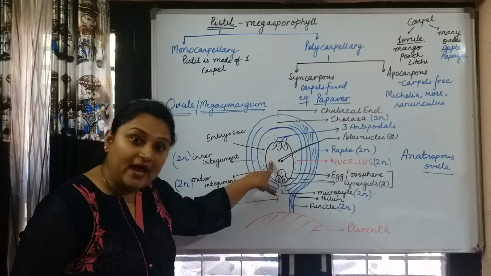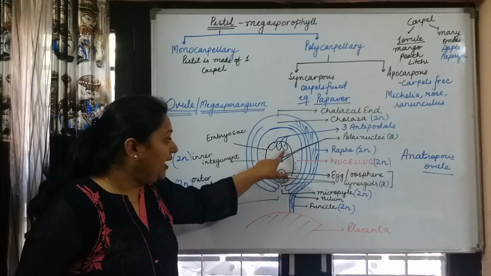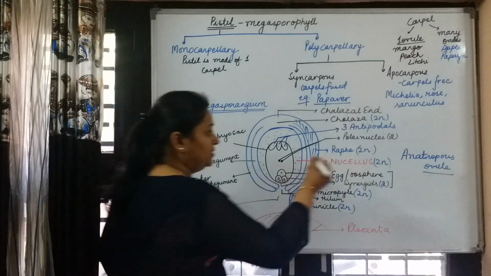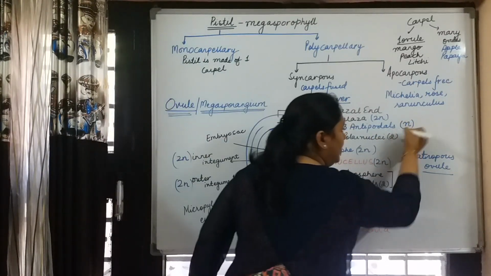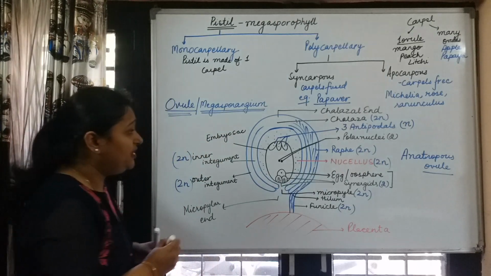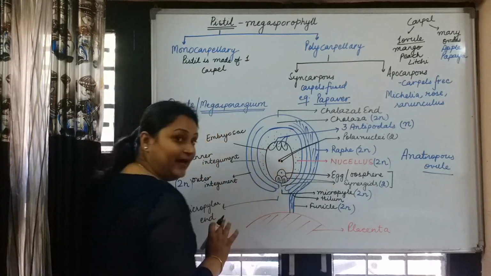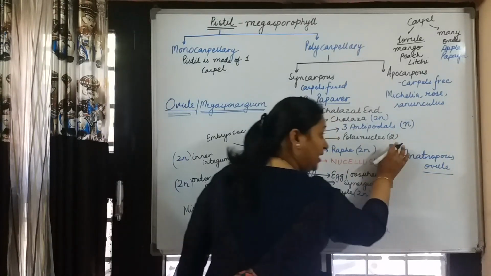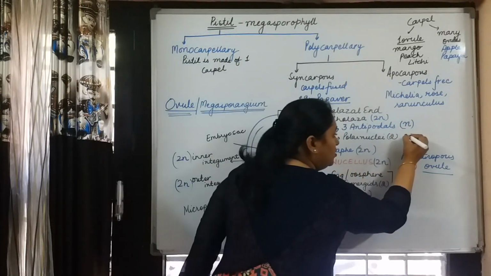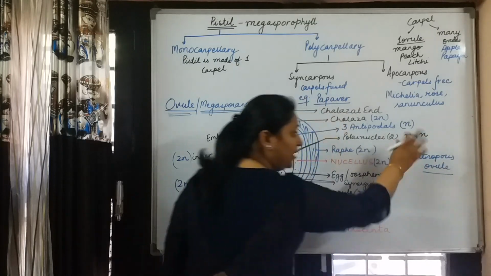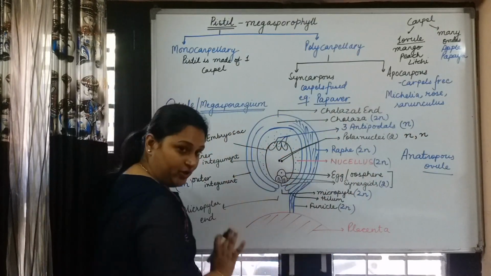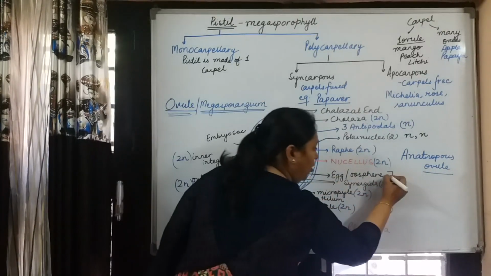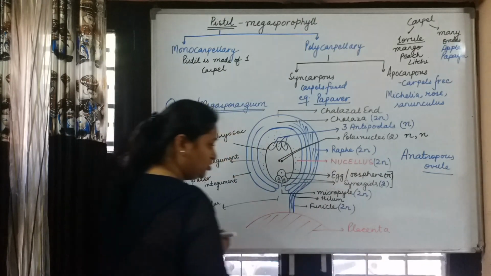This embryo sac consists of 3 antipodals, which are all haploid. We have 2 polar nuclei in the center of the embryo sac. These are 2 in number. They are also haploid. We have an egg. The egg is always a haploid structure here.